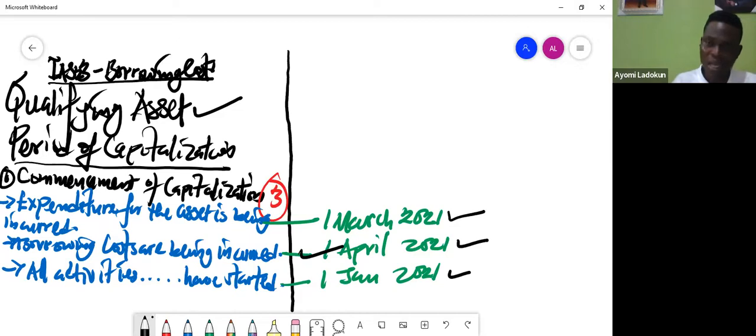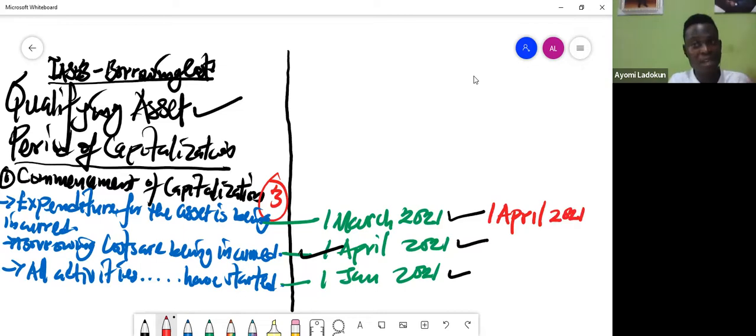So that's it. I have another question for you before I move away from here. Okay, one last question. Let me turn this question around. Let's say expenditure for the asset started 1st April 2021.